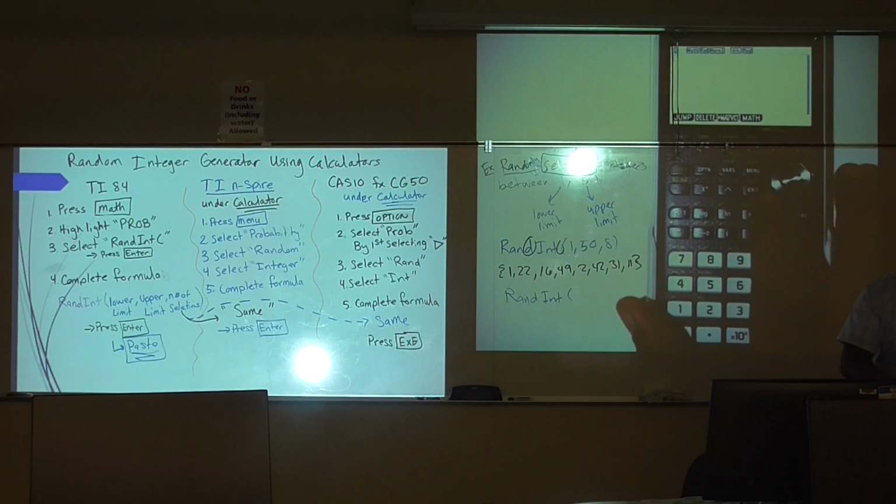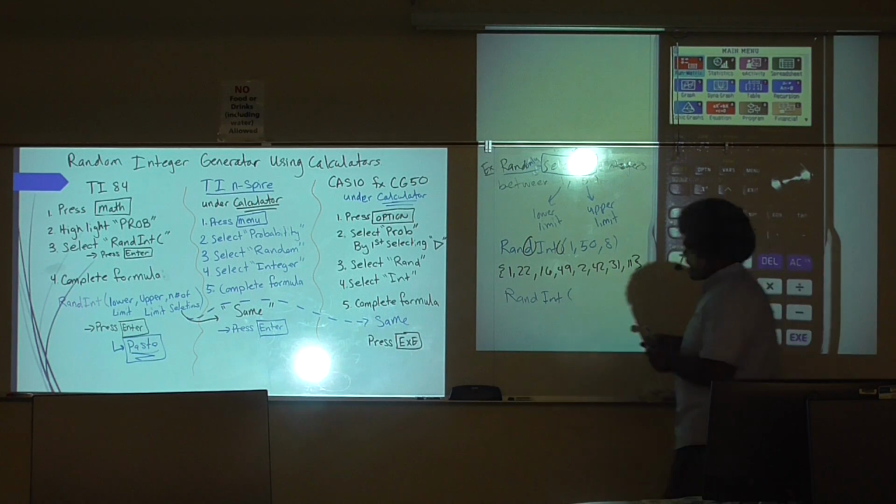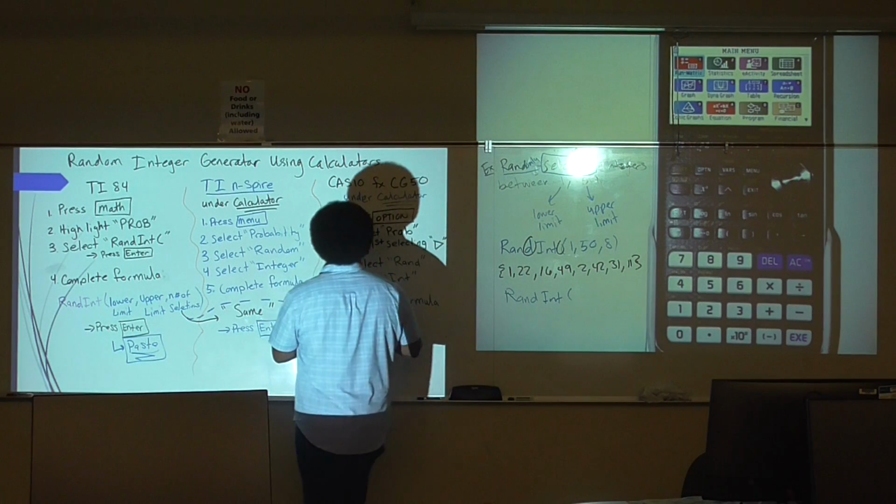All we do is go to menu, and similar to the Inspire, we have to go to the calculator option, and the calculator option happens to be the first one, which often says Run and Matrix. That's pretty much the calculator. So right here, Run and Matrix.